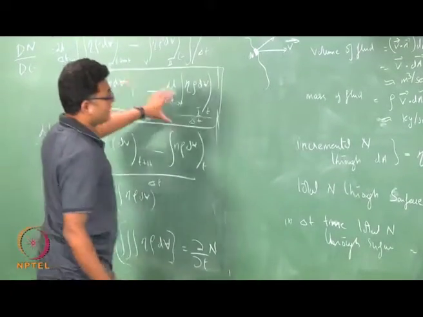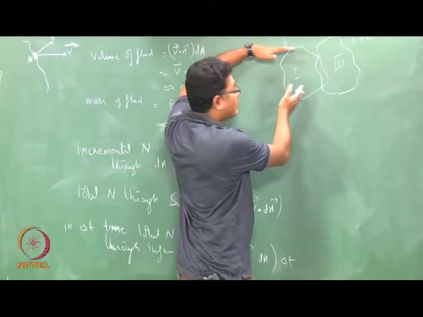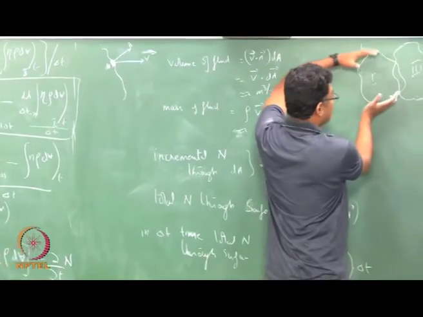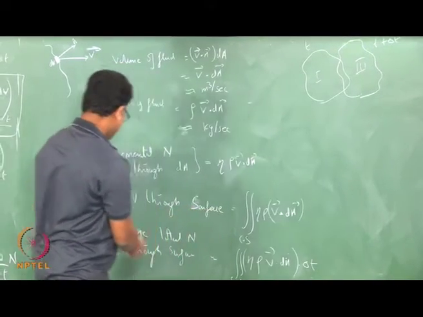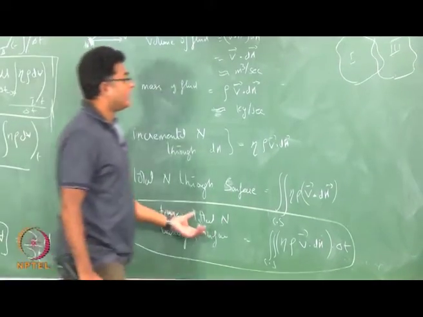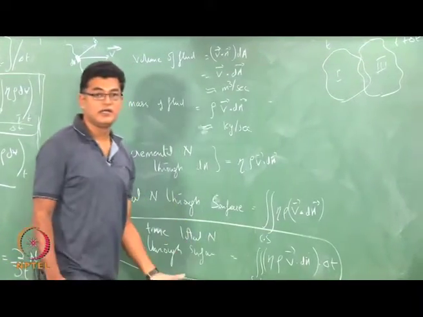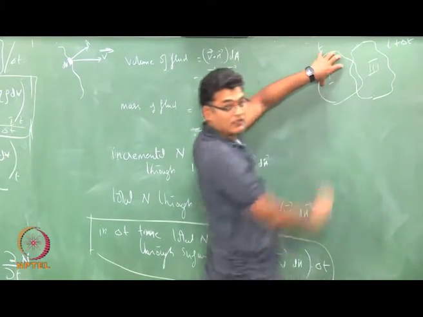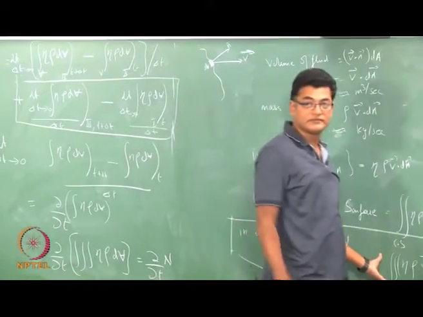If I take the material derivative, it is the change of fluid property that has happened when the fluid moves from this volume to this volume at t and t plus delta t. The total property N that is moved out of this control volume is this. Likewise, the fluid property that is moving into the control volume is this.